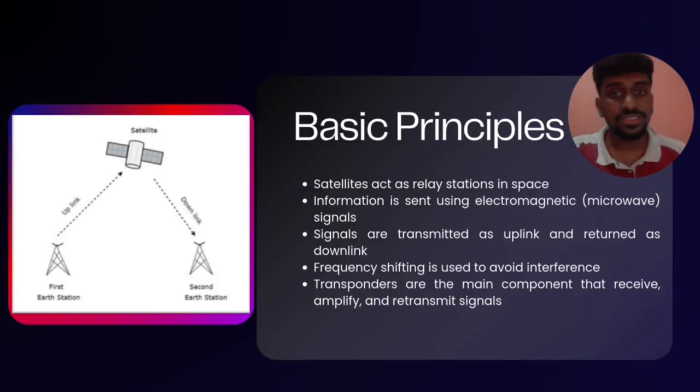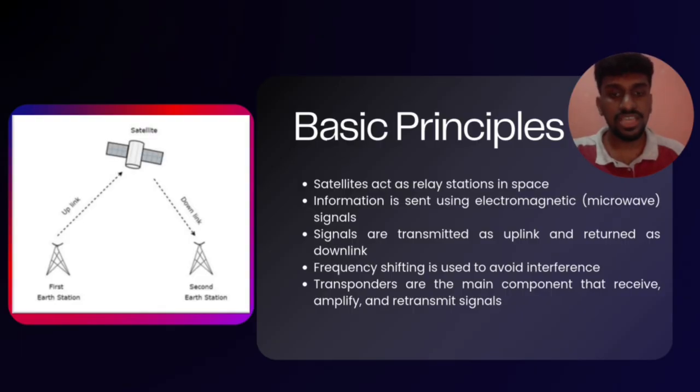So now let's look at the basic working principle of satellite communication. In its simplest form, a satellite works like a relay station in space. Information from Earth is sent to the satellite using a microwave signal known as the uplink. Once the satellite receives the signal, it does not just reflect it back. Instead, the signal is processed inside a component called a transponder.